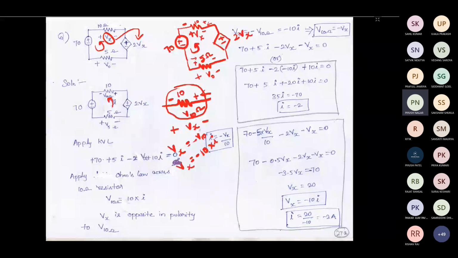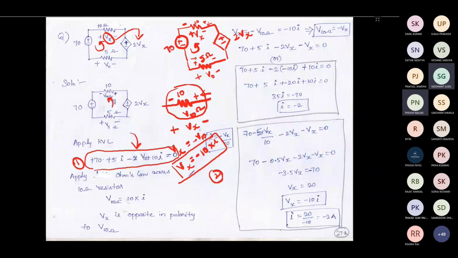Now again, you can write the KVL equation. If you write the KVL equation, you will get it like this. We already have one equation here and another equation here. This is the second equation, this is the first equation. If you solve these equations, you will get the current. That current is negative now. Why?